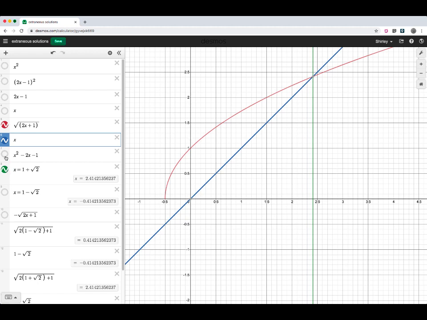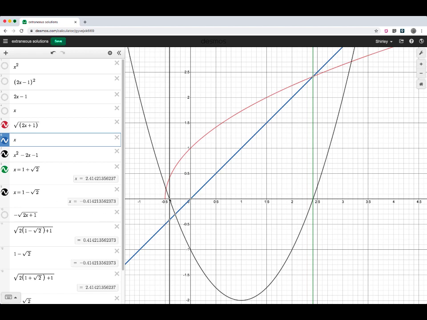Now notice if we plot the parabola we get when we square both sides of this equation, that one of the zeros indeed occurs at 1 plus radical 2. But how about the other zero at 1 minus radical 2? Here's the other zero. That is not where the blue and the red curve intersect.